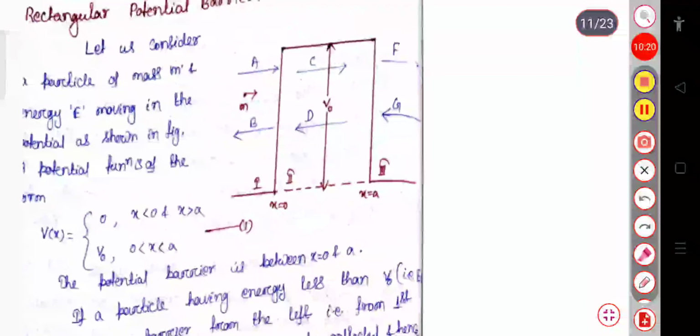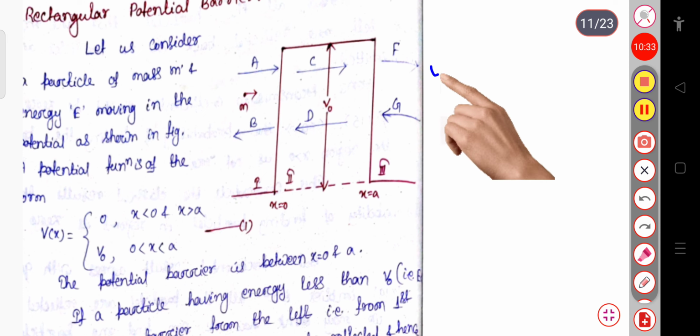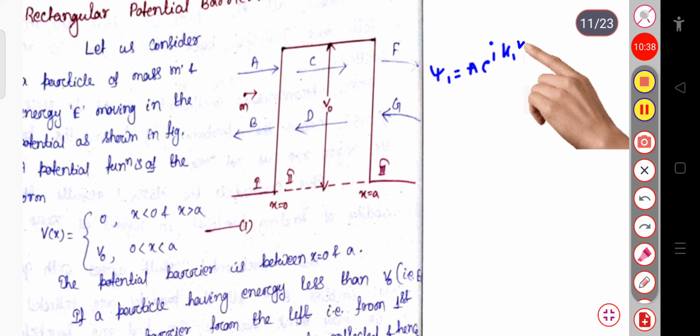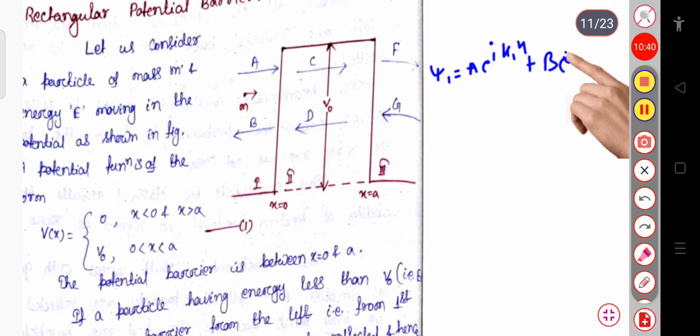Okay, so let us see first this. You can see the expressions psi 1, psi 2, psi 3. You can see the four coefficients a, b, c, d first, and after that we will discuss f and g. So in the psi 1 expression, psi 1 equal to a exponential iota k1x plus b exponential minus iota k1x.